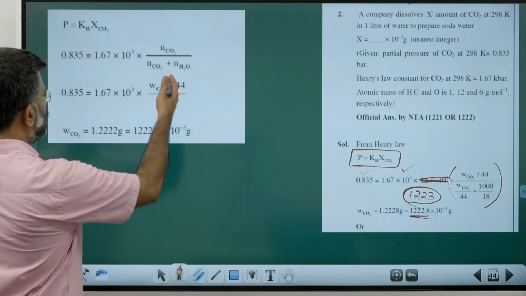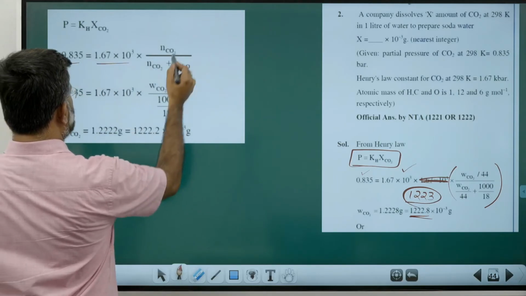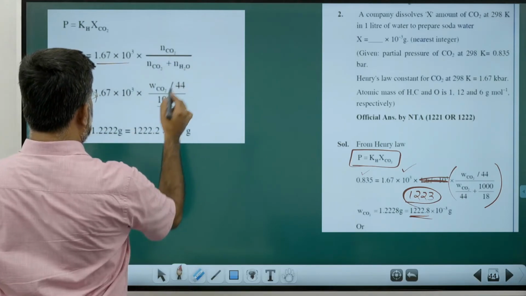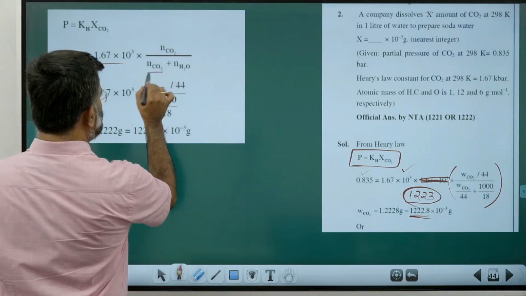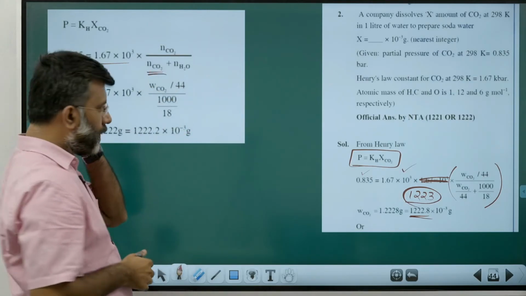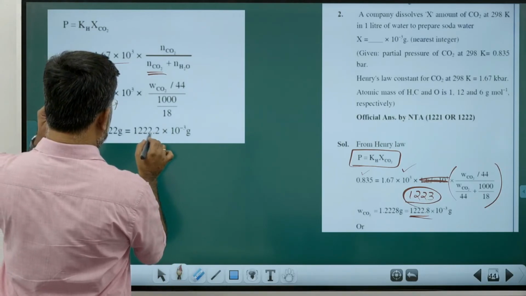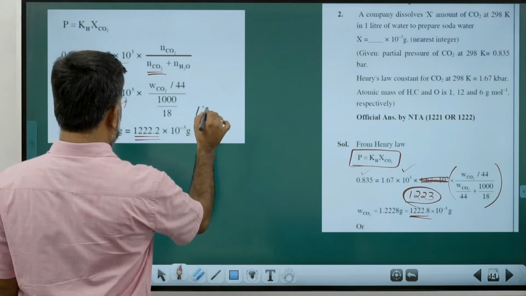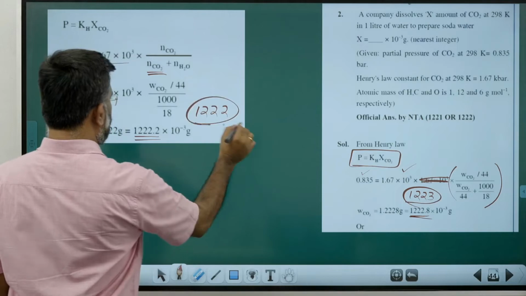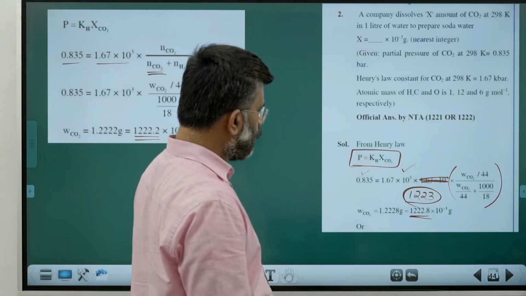Suppose you approximate, P is equal to KH into Na by Na plus Nb, taking Na by Nb as a small figure. You will get 1222.2, which can be rounded off to 1222. So the answer can be 1222 or 1223.